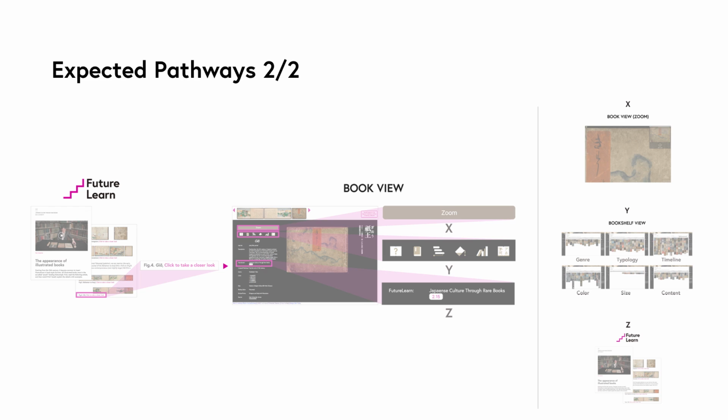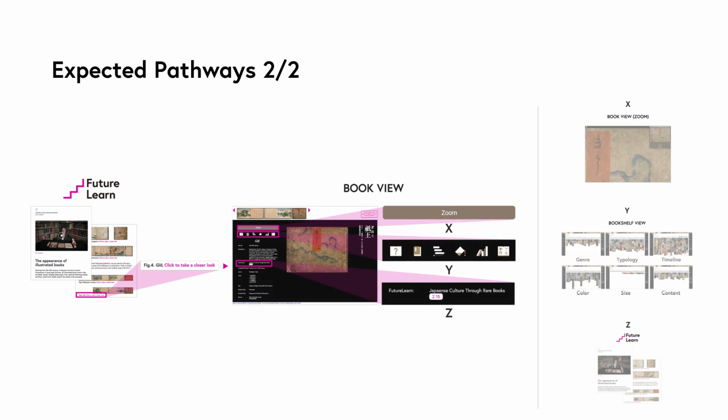The other touchpoint is the course description in the FutureLearn course step. From the link published in the course step, the learner can jump into the book view and then have access to the pathways, such as X, Y, or Z.